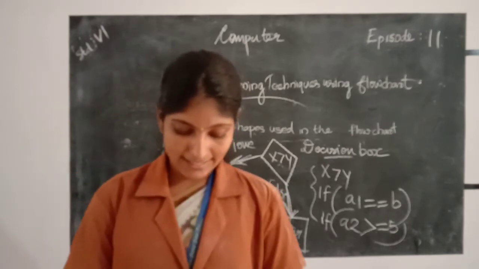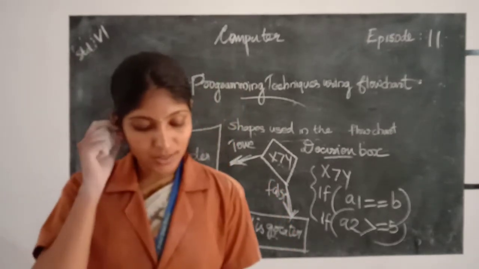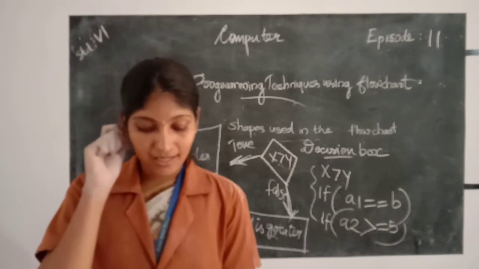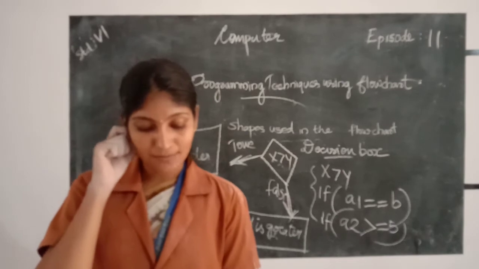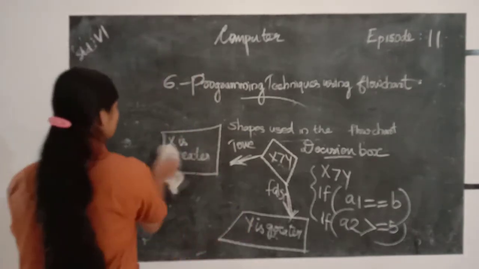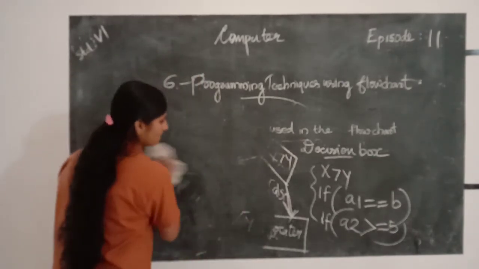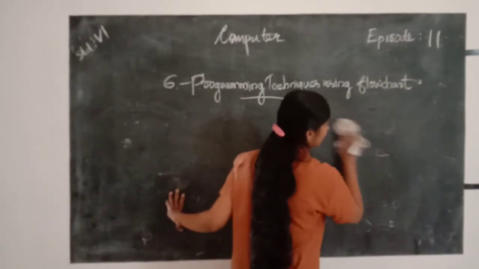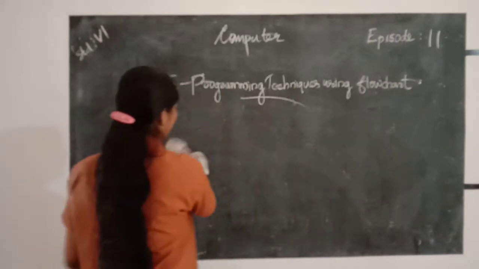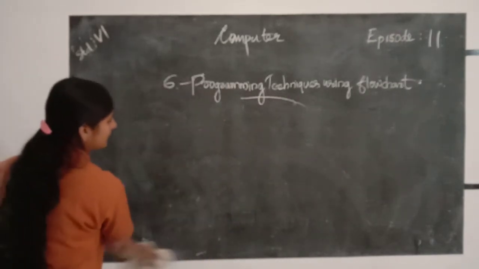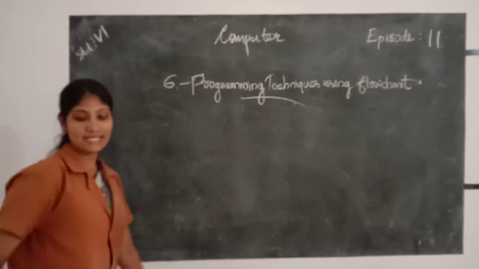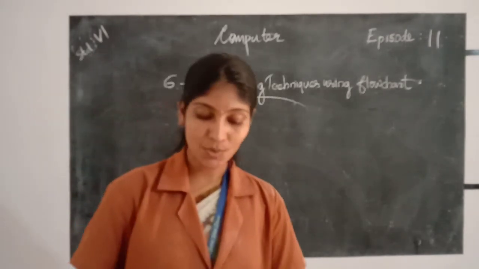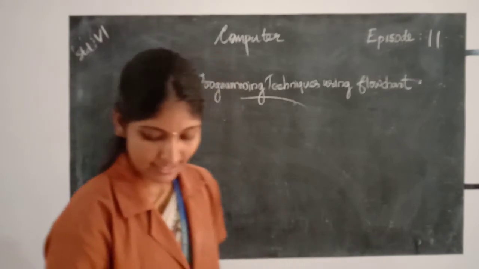So let's take an example. Draw a flowchart to enter two numbers and find their sum. If the sum is greater than 50, print more, otherwise print less. So first question. First, let's do the instructions. Draw a flowchart to enter two numbers.